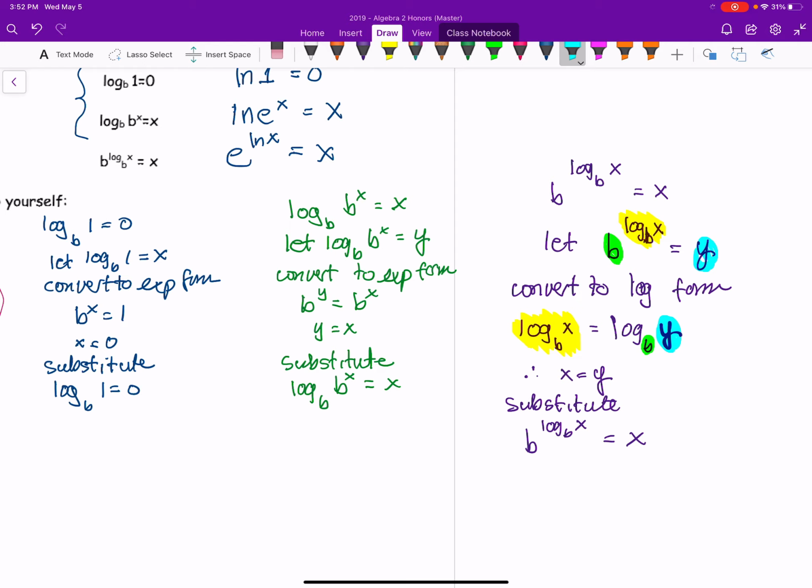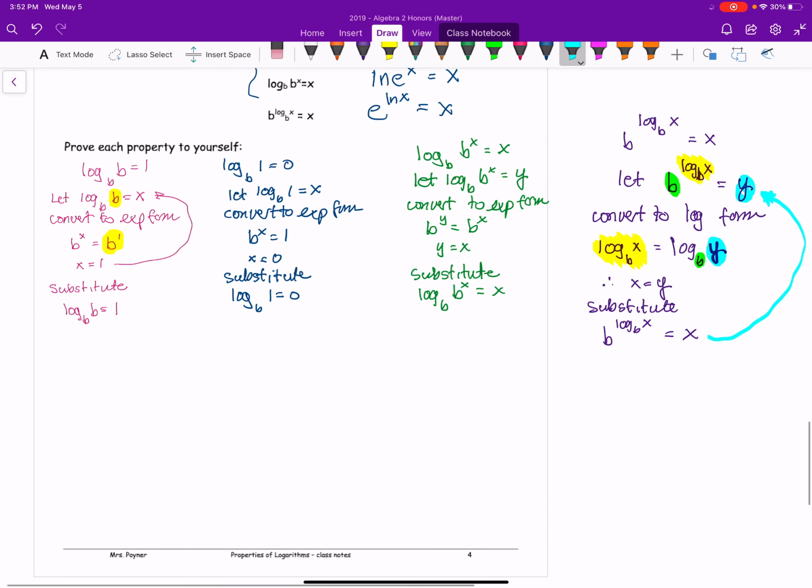That implies, based on the proof we did before, if we have log base b on both sides, that the stuff inside the logarithms must equal each other. So x must equal y, and therefore I can substitute in for that y here and prove that b to the log base b of x is equal to x. In other words, they kind of cancel each other out.